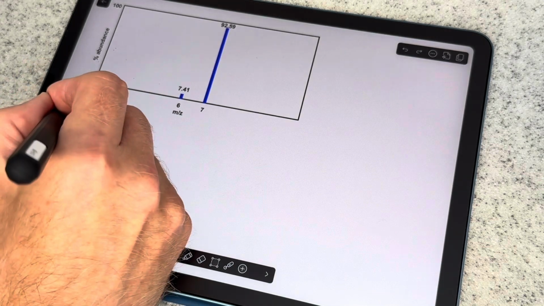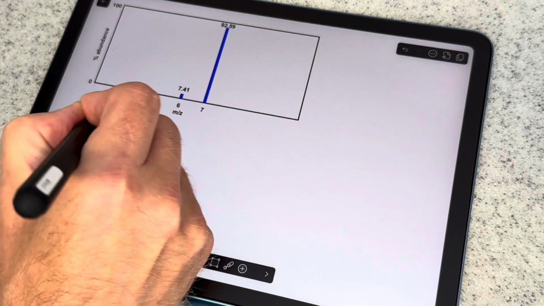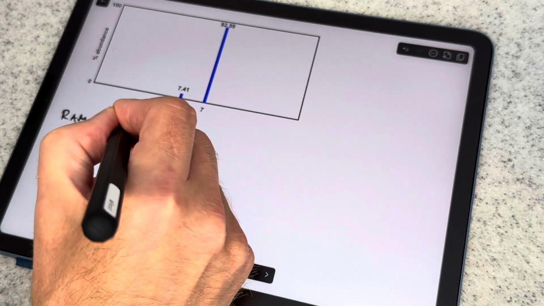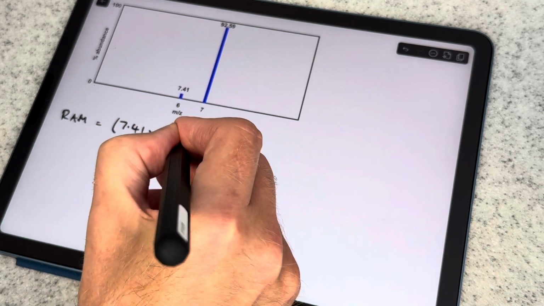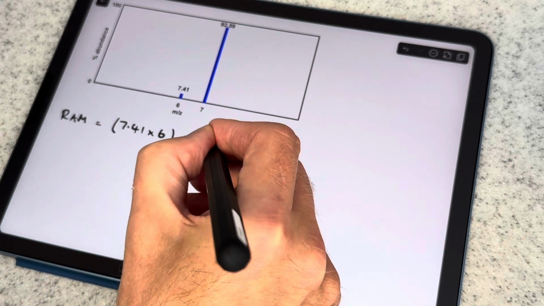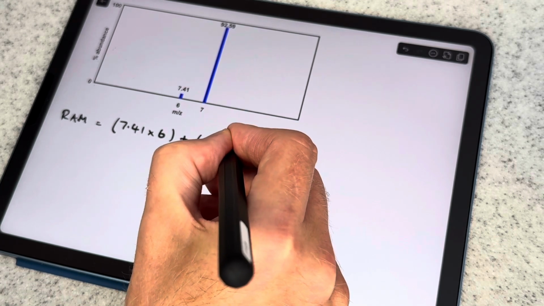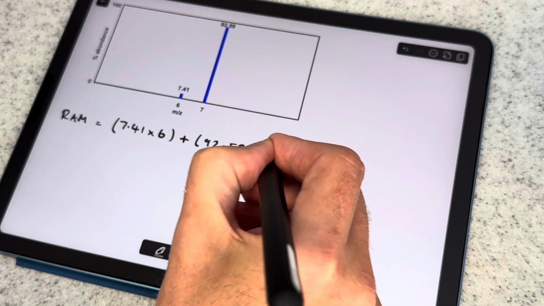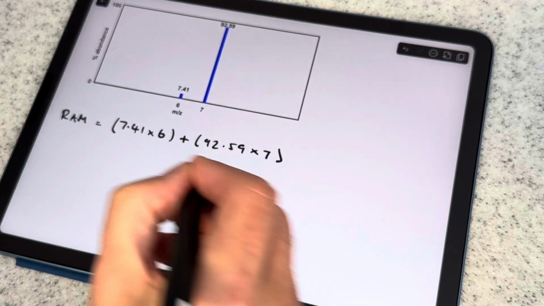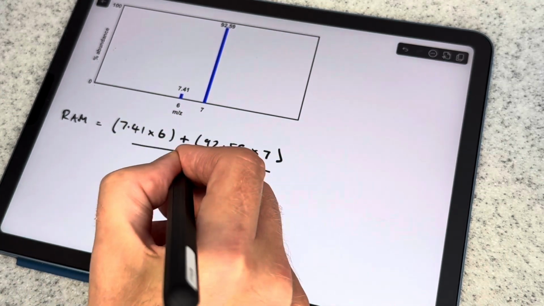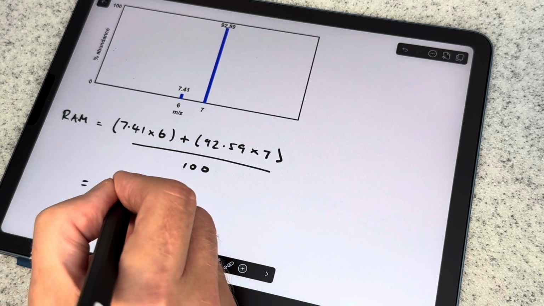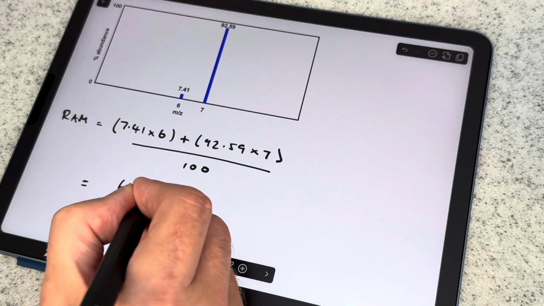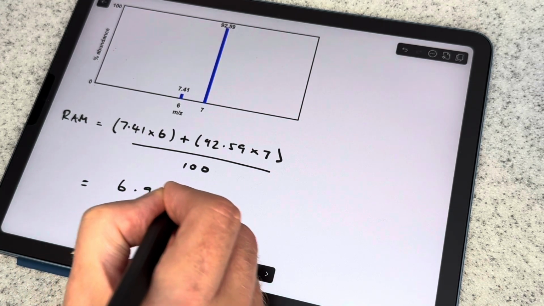So in this case, the relative atomic mass is going to be equal to, we'll open a bracket, 7.41 multiplied by 6 plus 92.59 multiplied by 7, close brackets, all over 100. Then that comes out at a calculator value of 6.9259.